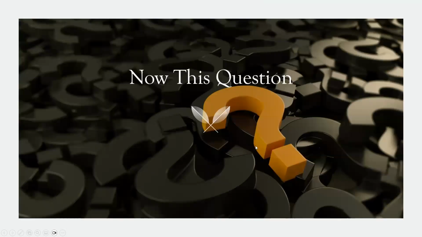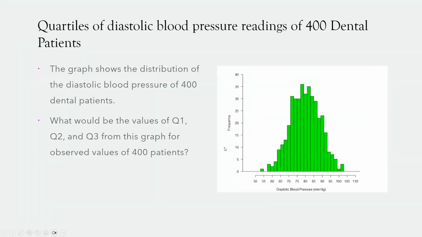Now, what is our question? Let's see how we are going to solve it. It is not a simple question. Quartiles of diastolic blood pressure readings of 400 dental patients. The graph shows the distribution of the diastolic blood pressure of 400 dental patients. What would be the values of the first quartile, second quartile, and third quartile from this graph for the observed values of 400 patients?